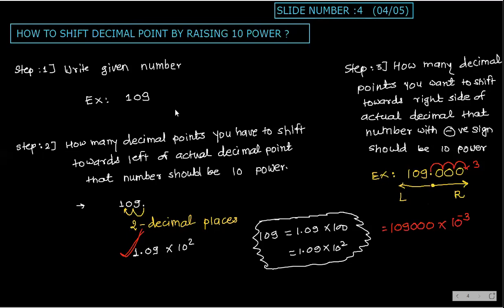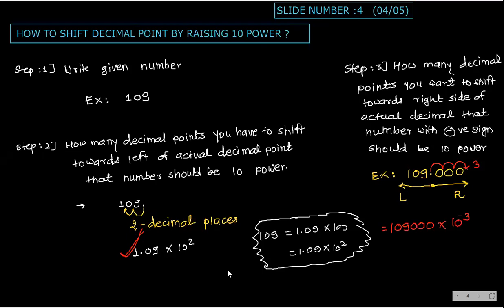Sir, in the second example, if you wrote 109,000 into 10 to the power of minus 3, instead of that, can we shift the decimal places to the left and write it positive?